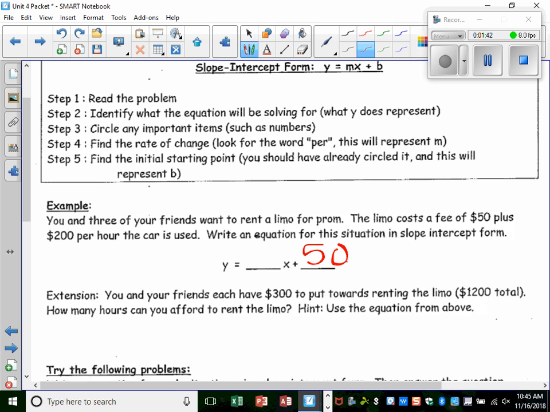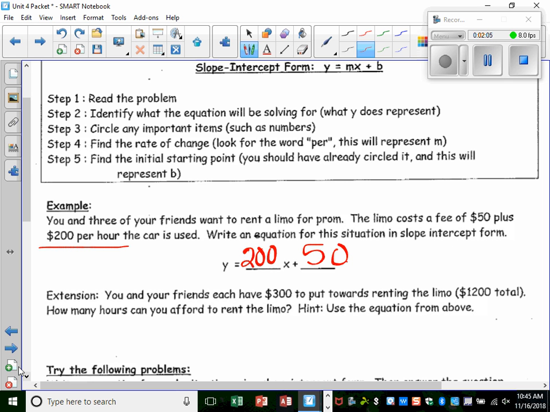And then where it says $200 per hour, that is your rate of change, because based on what x is, x represents the hours, will depend on the cost. I could maybe only want to rent it for 5 hours, then I would do 5 times 200 plus 50, or 10 hours. So this would be considered your rate of change.